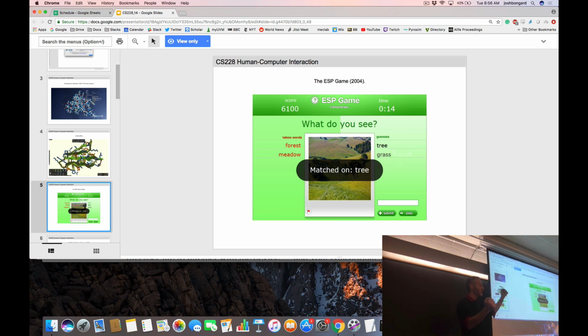And if you have enough of those raw data sets and labels, then a machine learning algorithm can start to learn relationships between the data and how to predict the label. So the ESP game sort of laid a lot of the foundation for the deep learning revolution that started in 2006, 2007, and got us to where we are today.